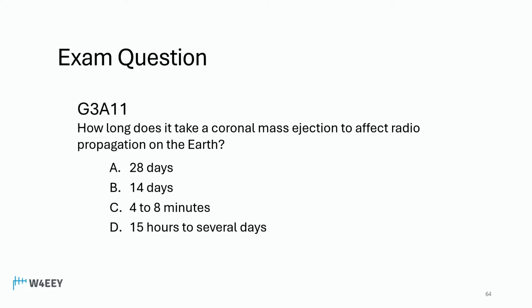It takes 8 minutes. How long does it take a coronal mass ejection to affect radio propagation on the Earth? That's actually Delta, yes, 15 hours to several days. Whereas Gary shared last year, if you can think of 21 day, 24 hours, you'll be in the range, if that's a trick that will help you.